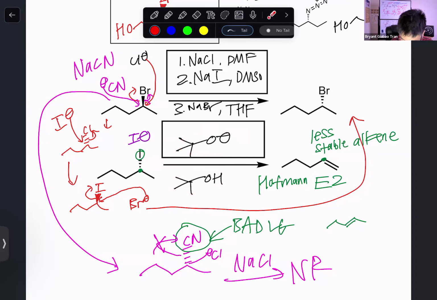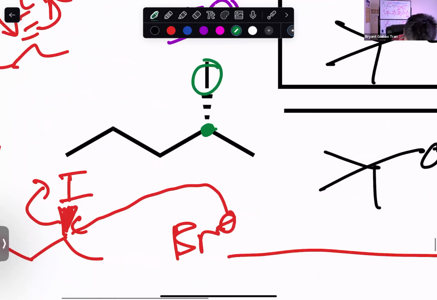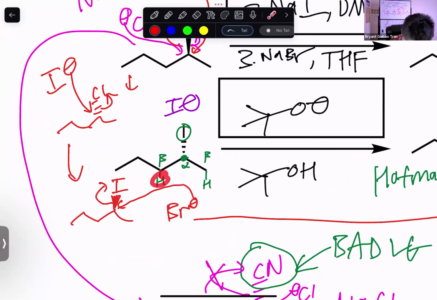The reason this gives the Hofmann E2 product is because of the same trick. This is the alpha carbon holding the leaving group. These are the beta carbons. Draw out one beta hydrogen for each. We know that the left beta hydrogen is going to form the more stable alkene, so that's what it wants to do naturally.